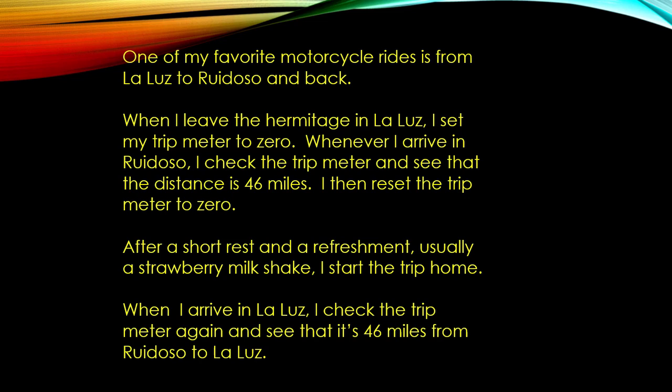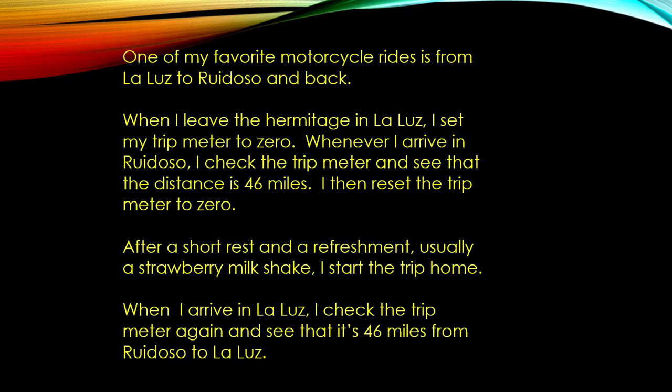And whenever I arrive in Ruidoso, I'll check the trip meter to see how far I've gone, and that'll typically say about 46 miles. At that point, I'll take a little break, maybe have a strawberry milkshake or whatever else appeals to me at that time.